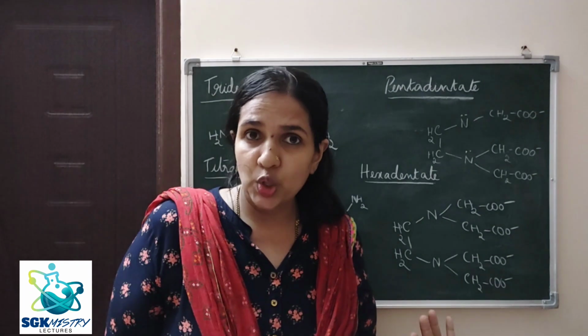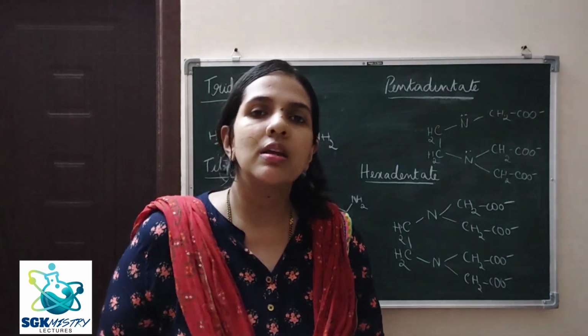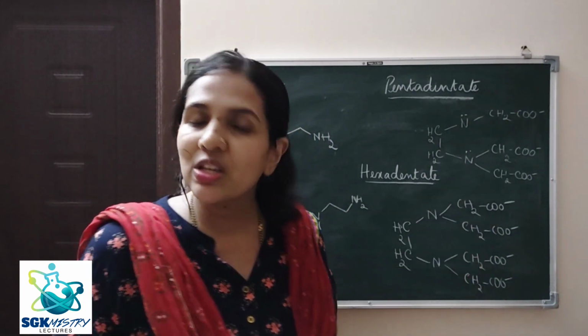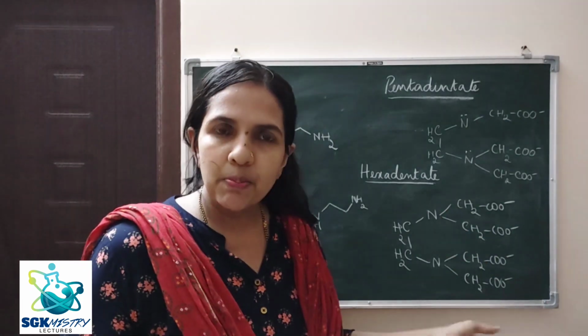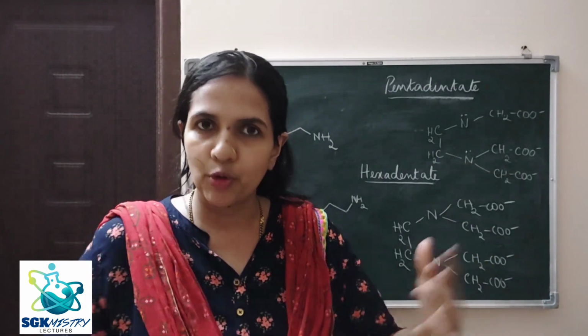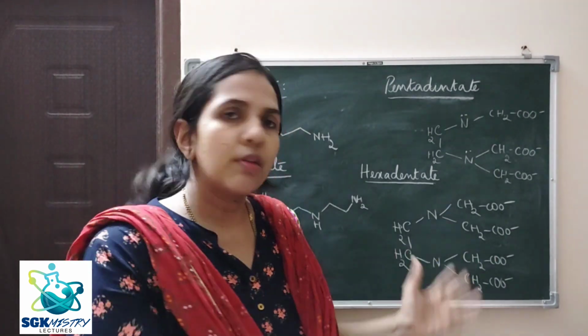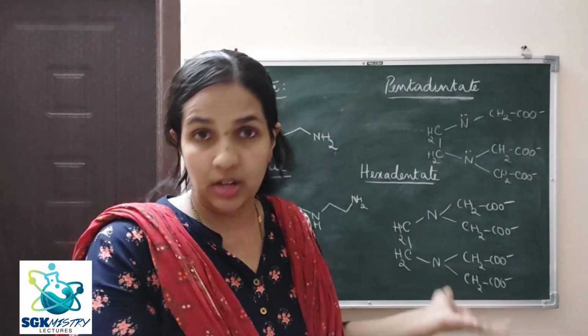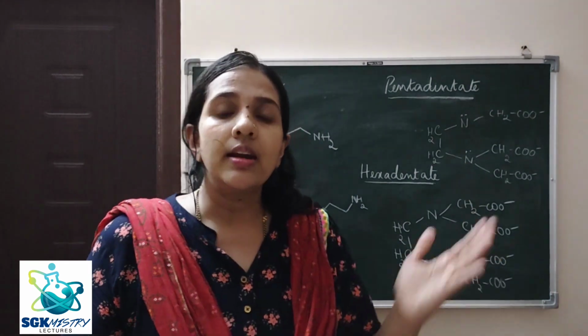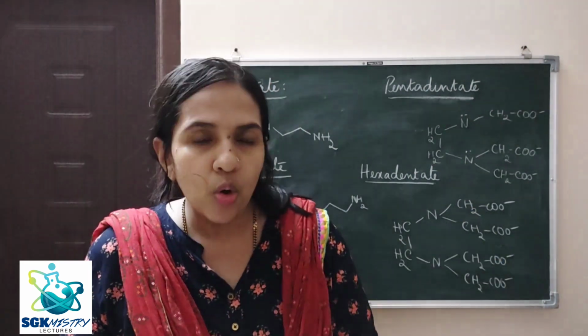The structure of EDTA is very important, because even in Viva questions they'll be asking you to draw the structure of EDTA. Very simple, if you just remember the full form of EDTA, ethylene diamine tetraacetate, or when it is acting as a ligand, ethylene diamine tetraacetato ligand.